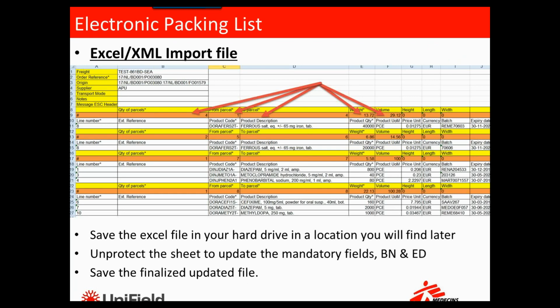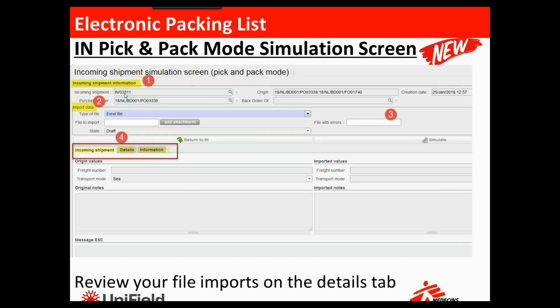So you have the details of the freight, and you can see this one, the transport mode is C. So if this C was here indicated also transport mode C, it would appear in your Unifield in this area here. In fact, in the imported value, so here.